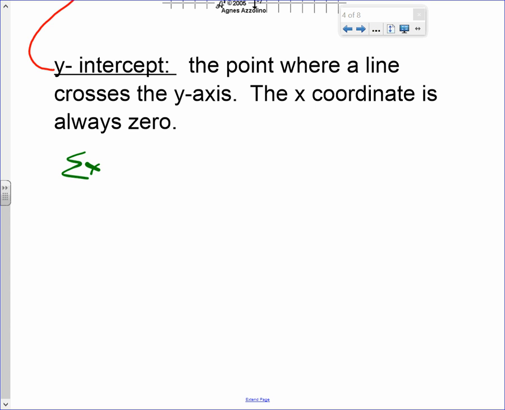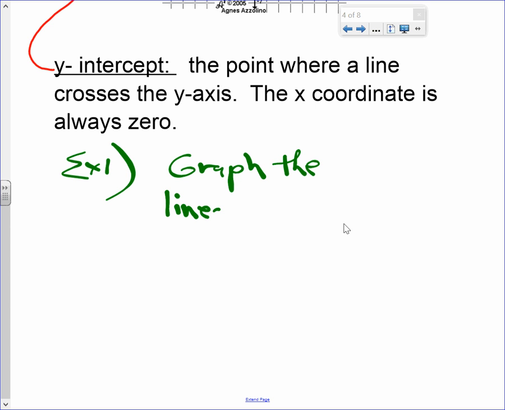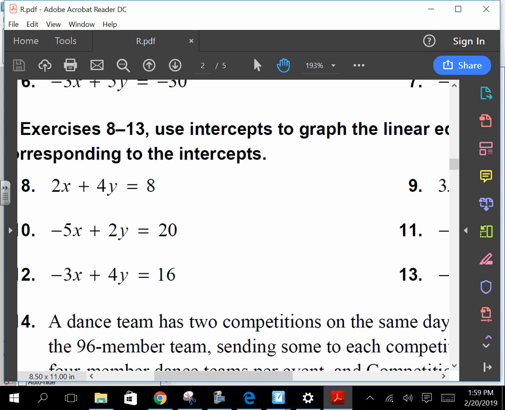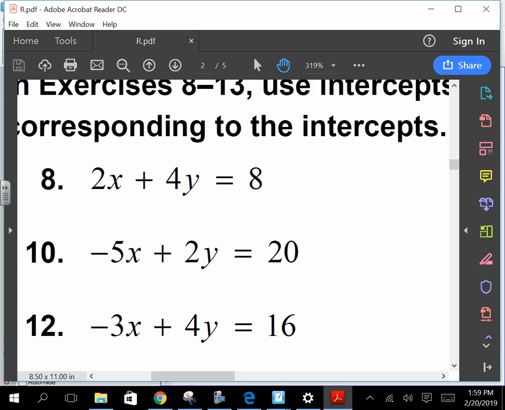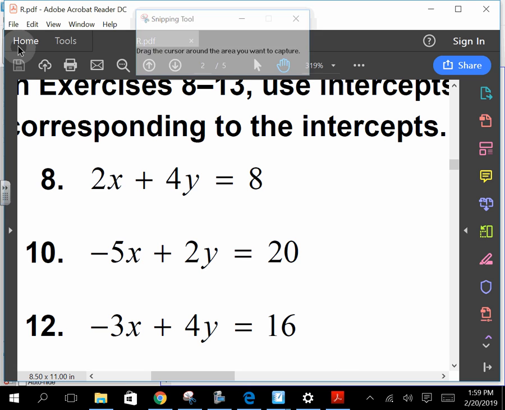Example 1. I'm going to write graph the linear function. Graph the linear function.